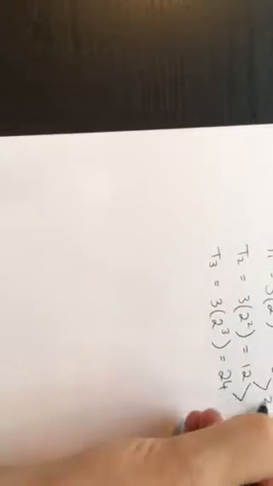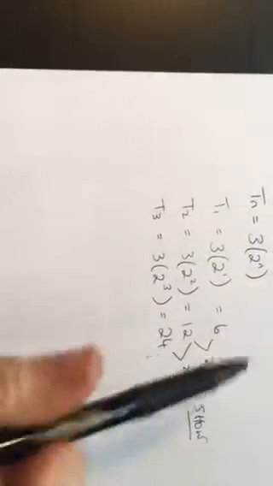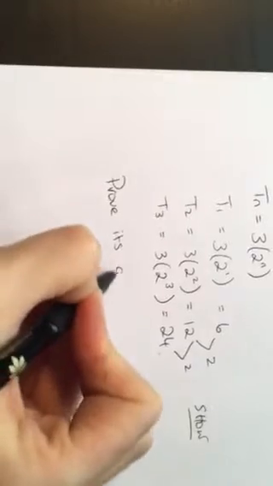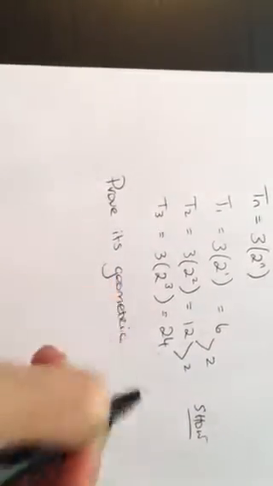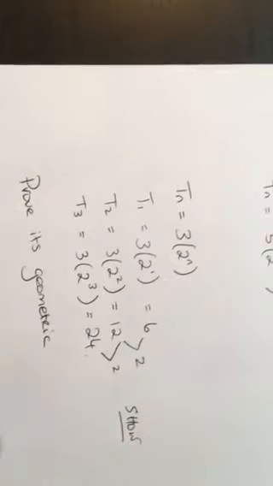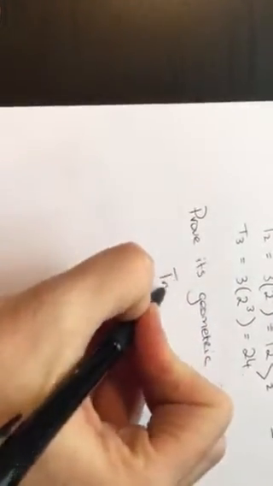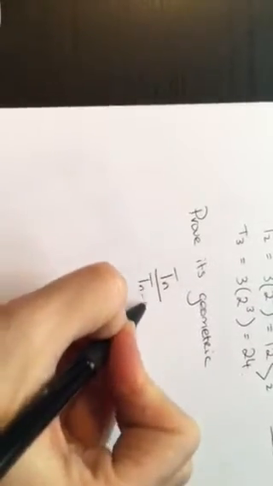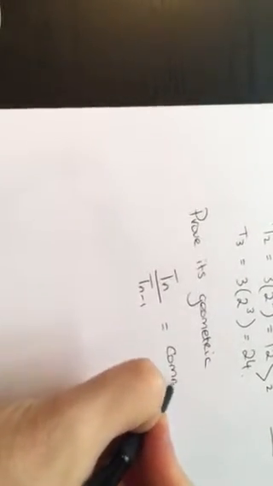If I want to show I have a geometric, then I can just do this. But if I want to prove I have a geometric, then like we did for a linear pattern, where any term minus the previous one gives me the common difference, in this situation, any term divided by the previous one gives me the common ratio.